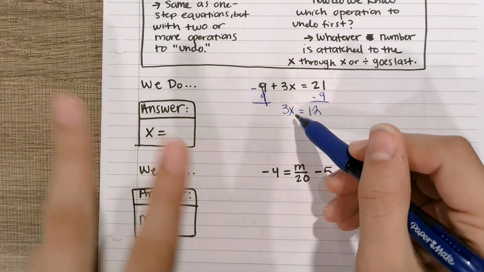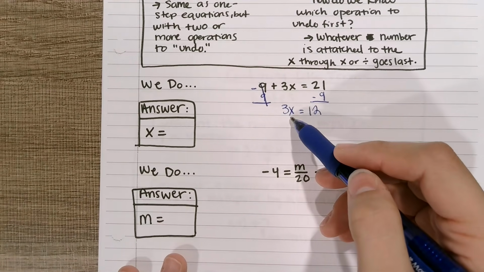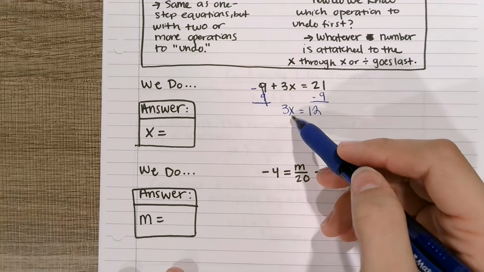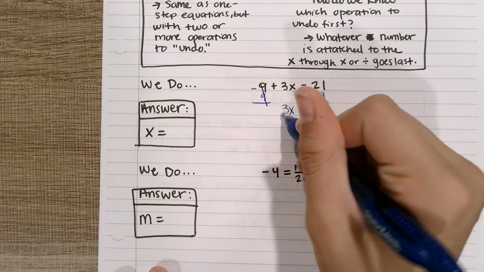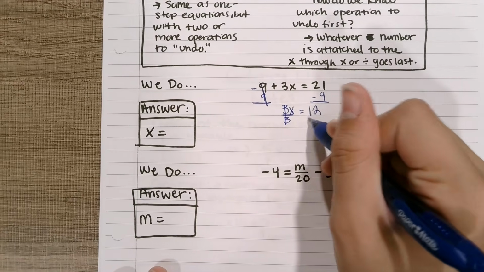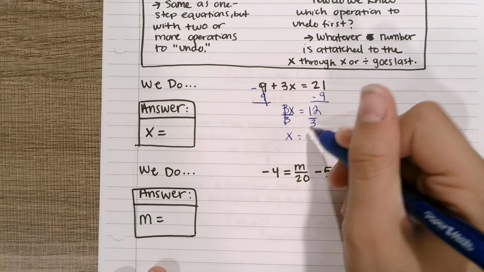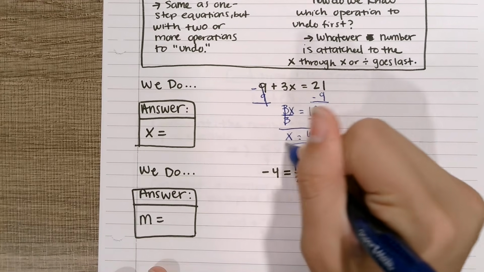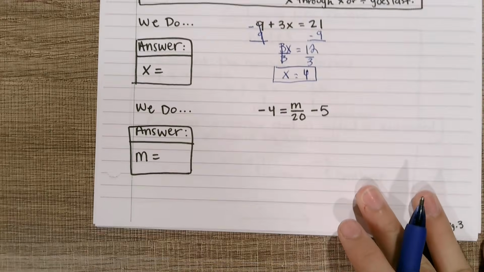Now I'm on my second step. That was the first step, like a one-step equation. Now I can move on to the next operation. 3 times x, the inverse of multiplication is division, and I do that to the other side. And 12 divided by 3 is 4. Reminder, use your calculator for these if you don't know it off the top of your head.